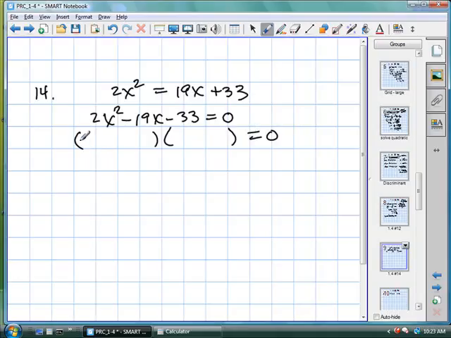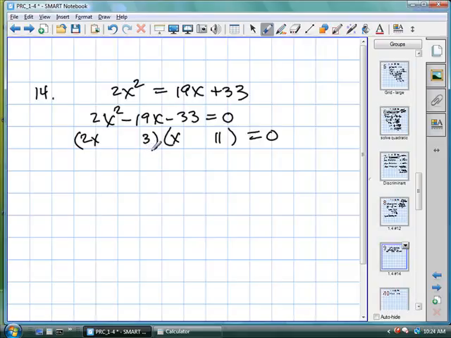And the only way we're going to get 2x squared is if we have a 2x and a 1x. And 33, it's got to be 11 times 3. And then we have 3x and 22x, and 3 from 22 is 19, so that's going to work.